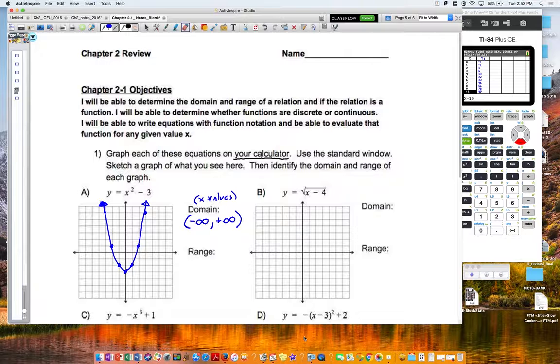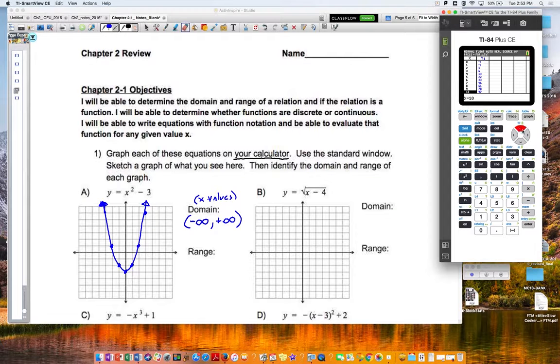Now when I look at my range values, y doesn't go past negative 3. That's the lowest it goes. You can see here on the calculator that at 0, it's negative 3, and it never goes past that.